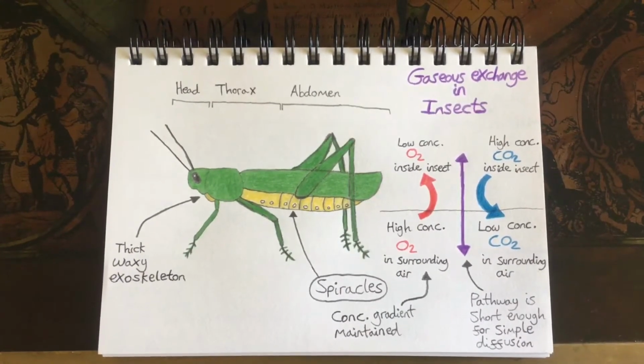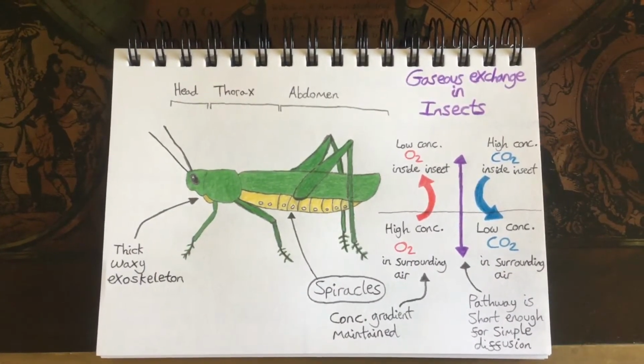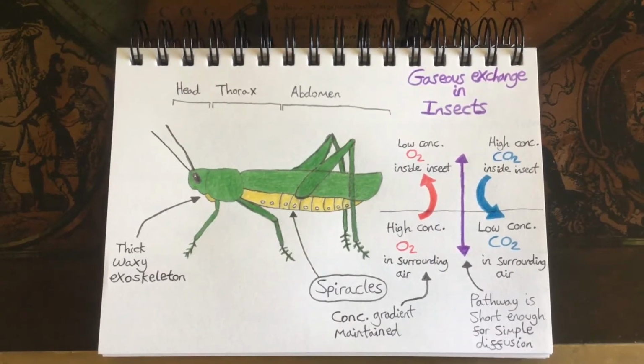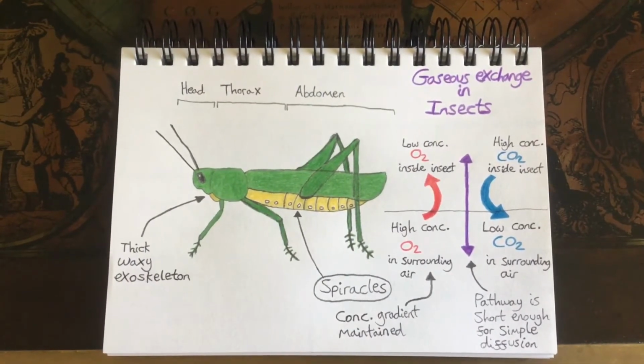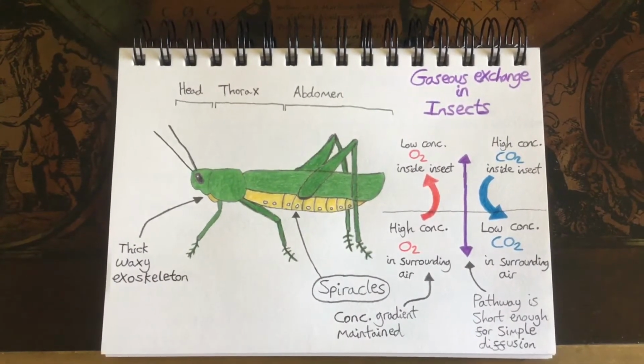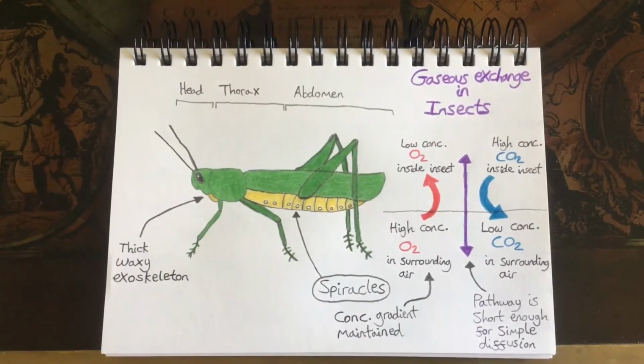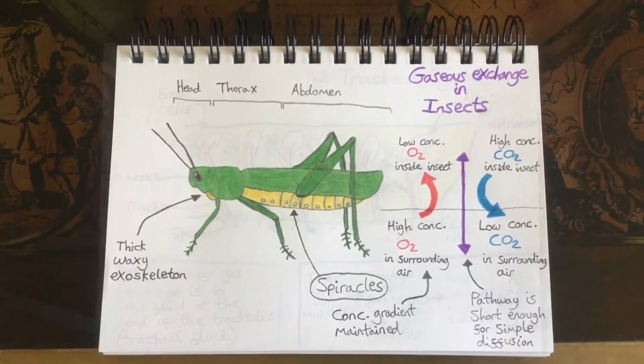Because if it was just simple diffusion straight across into the insect, the oxygen wouldn't necessarily reach all of the body cells. So that's another system that the insects have to get around the problem, and we'll look at that next.